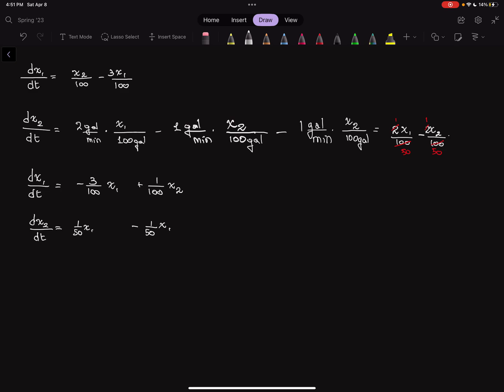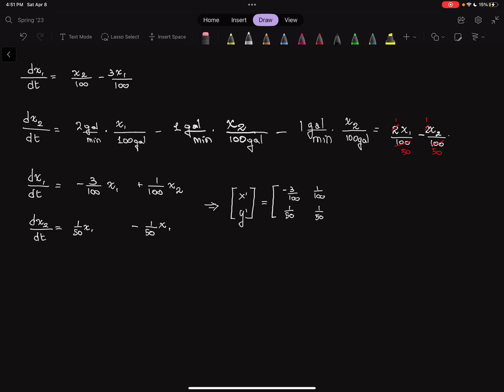So now we can see and pick out easily the coefficient matrix. So we can rewrite this whole thing as x prime equals the matrix negative 3 over 100, 1 over 100, 1/50th, and negative 1/50th.